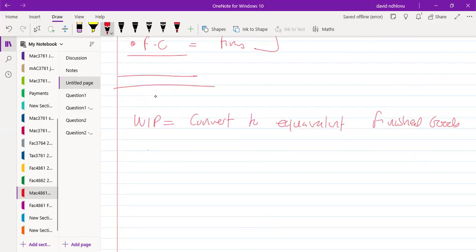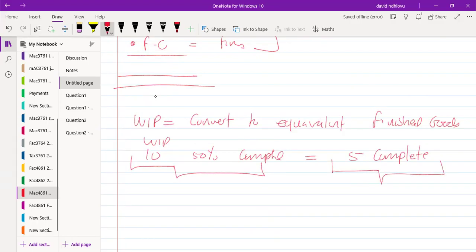For example, if I've got 10 units of work in progress, which are 50% complete, I will then assume I've got 5 complete units, because theoretically 10 units that are 50% complete would have consumed the expenses required for 5 complete units. So when I have that, I now say my finished goods plus the 5 converted units, I then have my total.